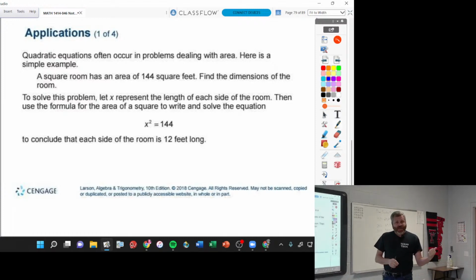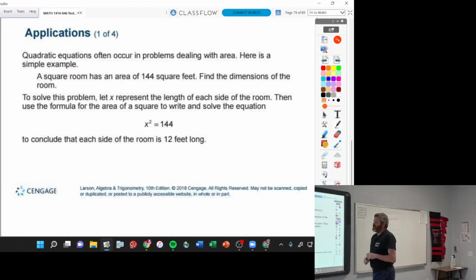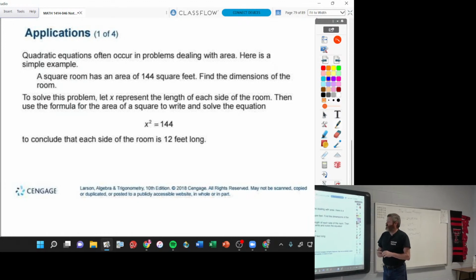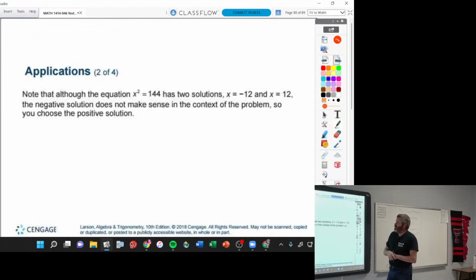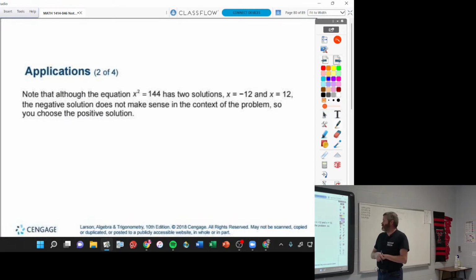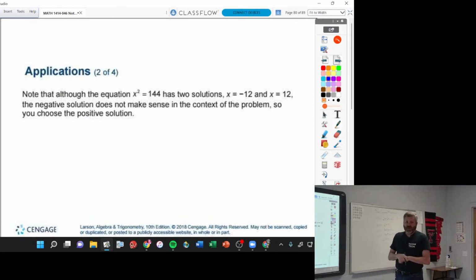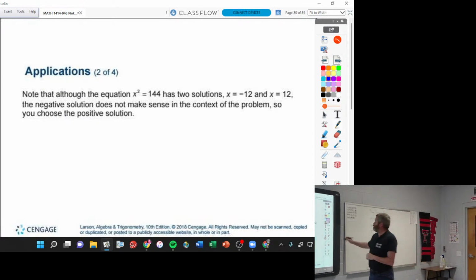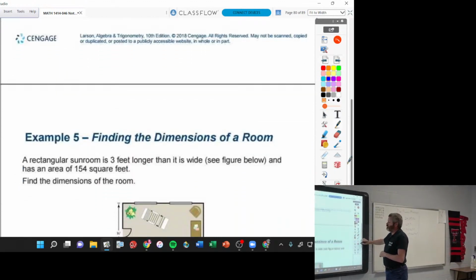So we throw that one out and we keep the positive 12 to conclude the dimensions of this square room are in fact 12 feet long. And this is what I just mentioned. Although x squared equals 144 does have two solutions, 12 and negative 12, a negative solution does not make sense. So we choose the positive.